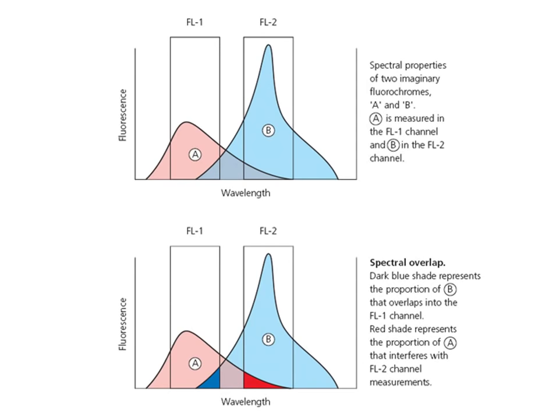So essentially what compensation does is enable us to take this away from the overall signal, giving us the true measurement here. And likewise with B. And that process is called compensation. So compensation is required to address the issue of spectral overlap between two different fluorochromes.